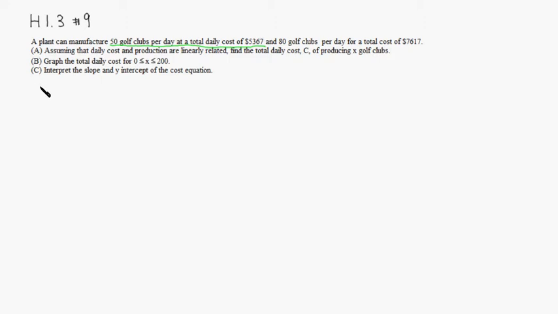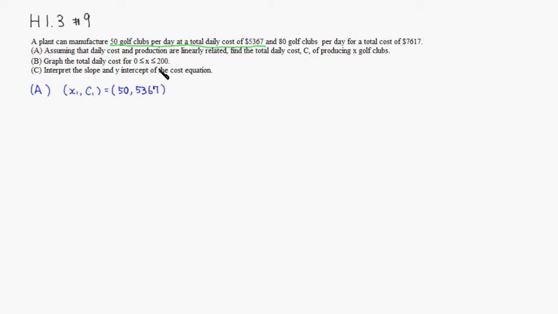So for part A, the point would be, I'm going to call it x1, c1. Since production is 50 for this one, the corresponding daily cost is $5,367.